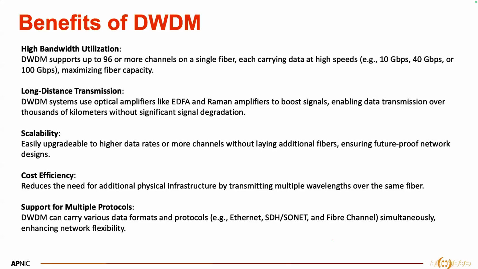As we saw in the first session, optical fiber is a very scarce resource in the telecommunication industry. DWDM plays a vital role in making sure the optical fiber resource is used efficiently to transmit a high chunk of data at very high speed from source to destination. So this is how it becomes cost efficient.